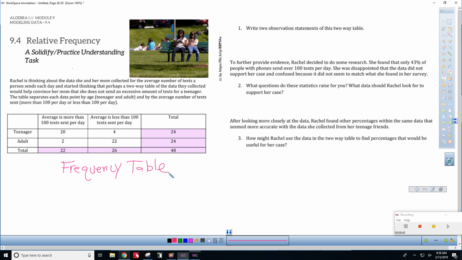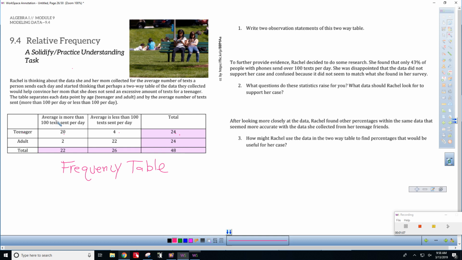It describes how many of each category, people from different categories, texts they send per day. So, 20 of the 24 teenagers send over 100 texts per day. Therefore, 4 of the 24 teenagers send fewer. Got it? You're all over this?